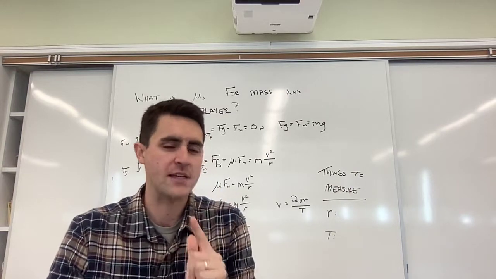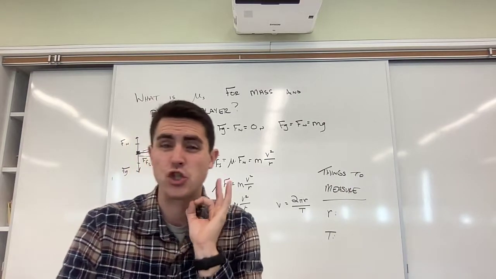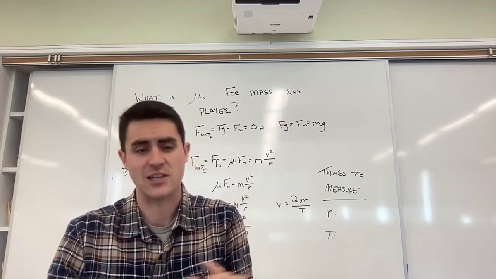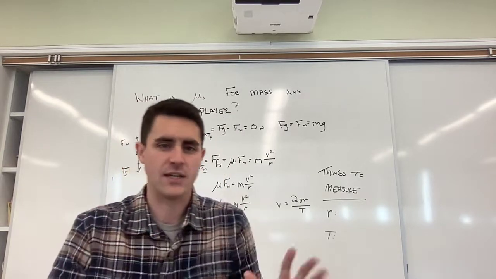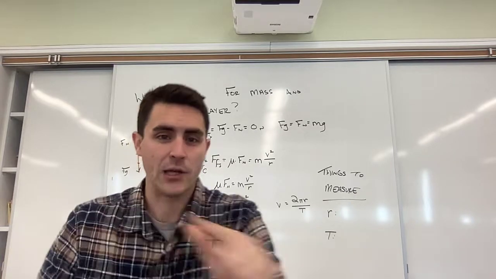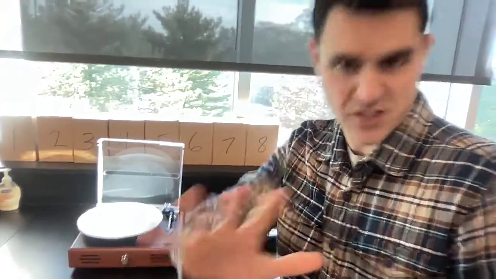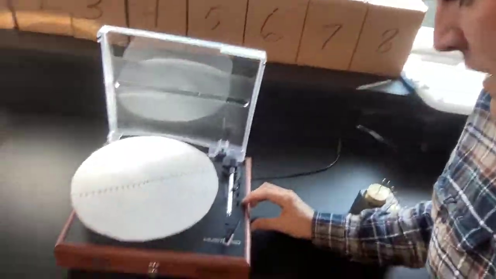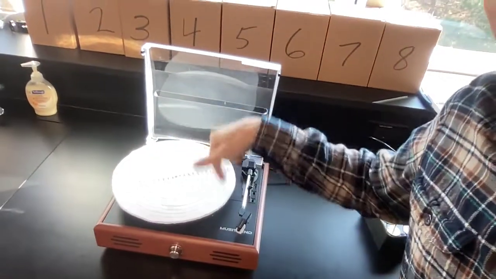We're looking for the radius at which that mass is just about to slide and turn from static friction into kinetic friction. So that's what we're looking for. Let's go back and look. Now, let's talk about what a record player does. Maybe your parents know this, or maybe you're super into records. On a record player, there are 3 different speeds it can move.